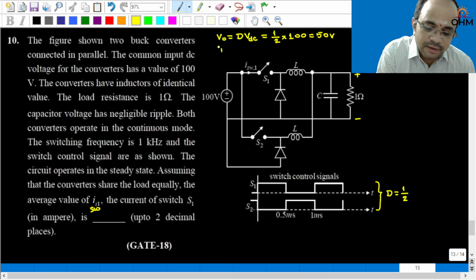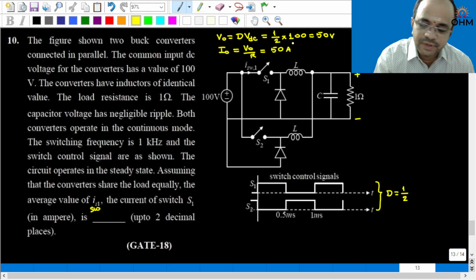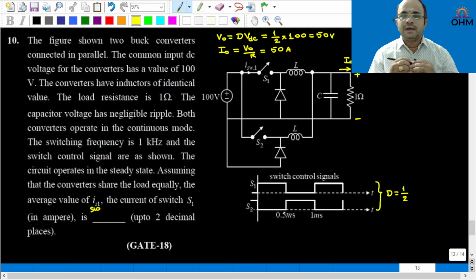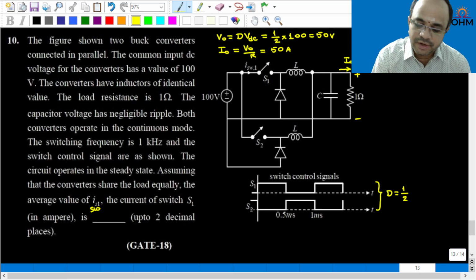Then what is the average output current? That is V0 by R, so that will give you 50 ampere. Therefore, the average load current will be 50 ampere. I hope it is clear. This is I0.